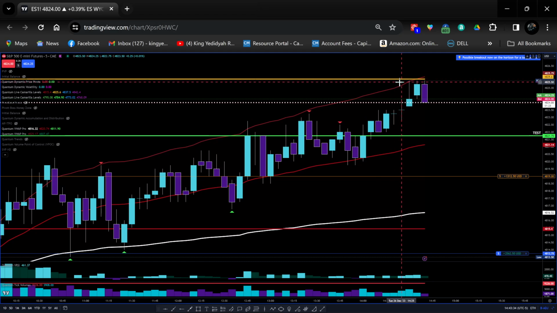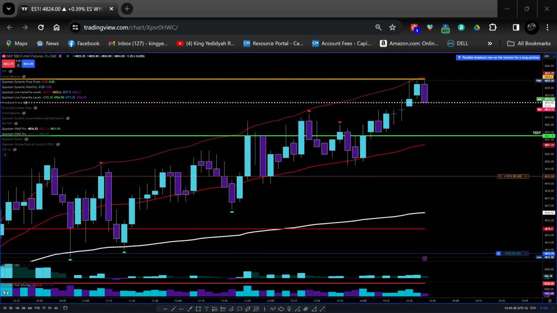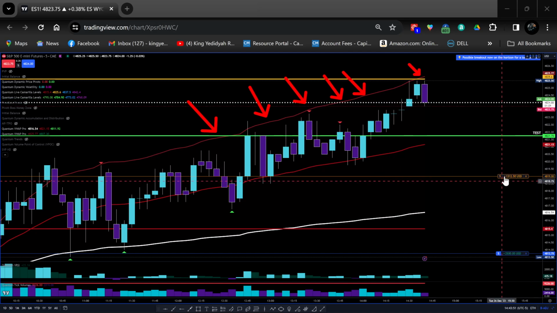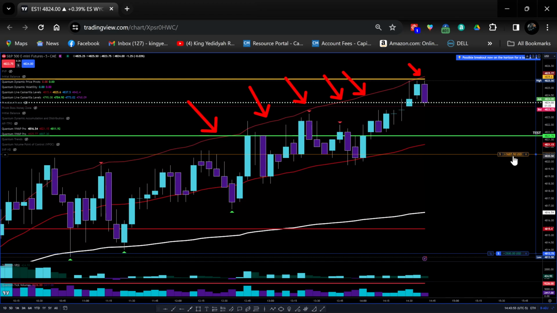Right now we're up at Camarilla R4, and as you can see again, price is not breaking above this second deviation band, right? And it's coming to line up with Camarilla R4. Now what I would do here is move my stop up to around here, right?